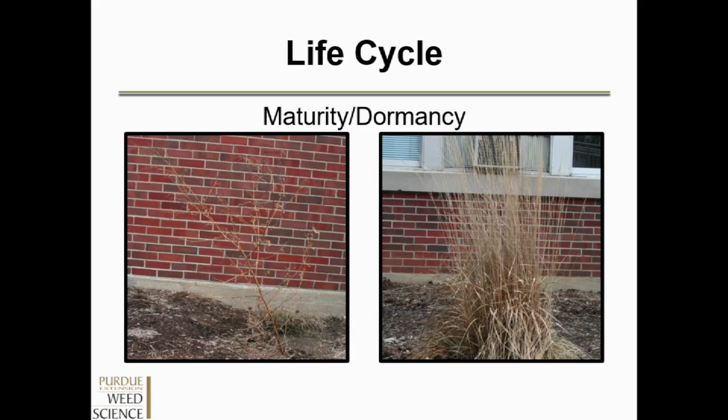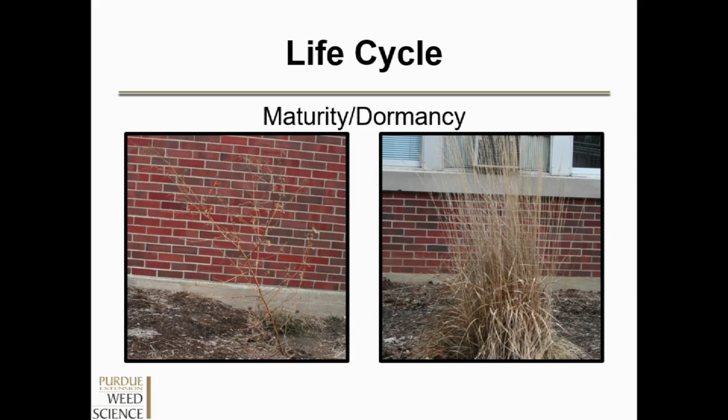On the right side of the screen is a perennial plant in the dormancy stage. So it looks very similar to the plant on the left that we would call the mature stage, but in this case, this perennial plant has seed that is mature, all the green tissue is gone, but this plant will actually regrow the next year from the root structure below that above ground tissue that we see.